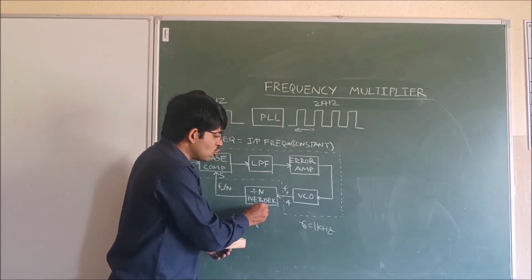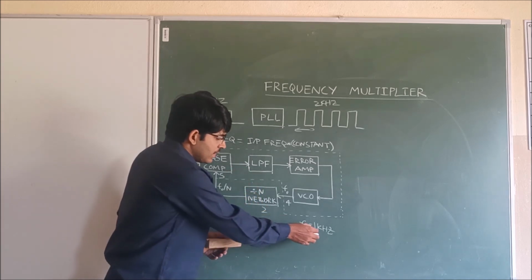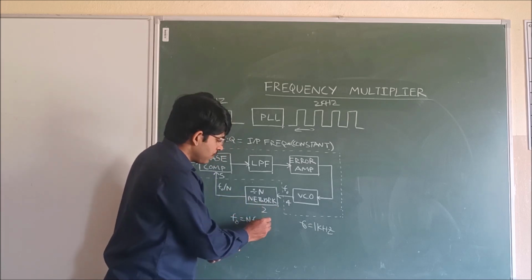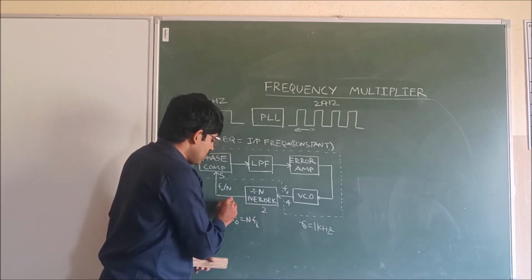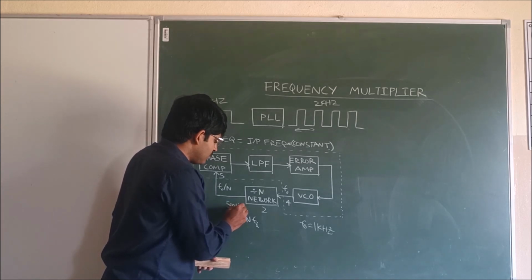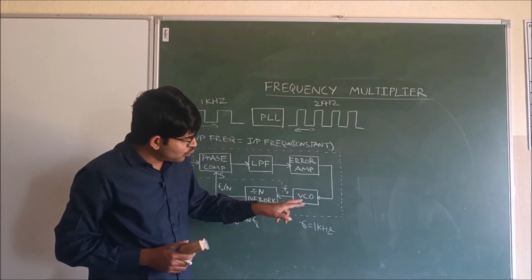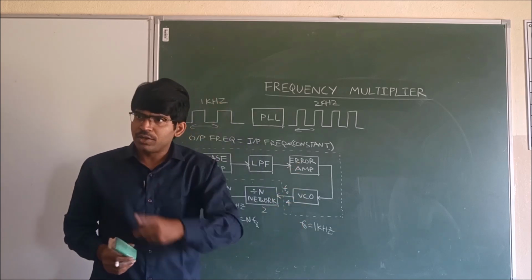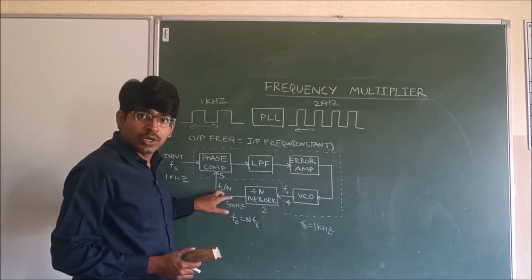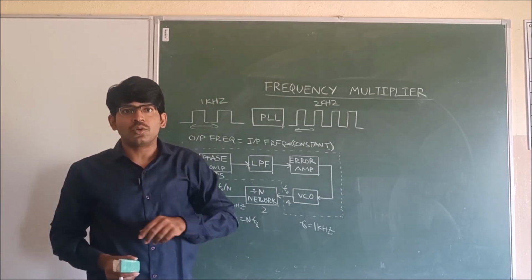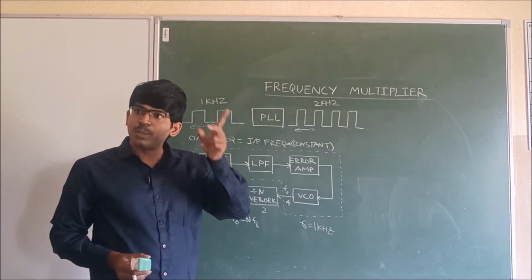If I am using 2, then the output will be a 500 Hz signal. Even though the VCO output is 1 kilohertz signal, when it comes here it will be 500 Hz signal only, because we are dividing it by 2.